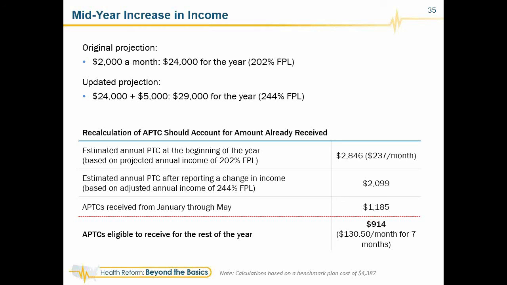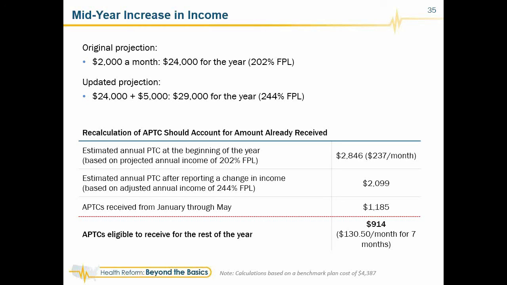So here his original income projection was $2,000 a month. That's $24,000 for the year, or just over 200% of FPL. Based on his new projection, he would earn $29,000 for the year, or 244% of FPL.